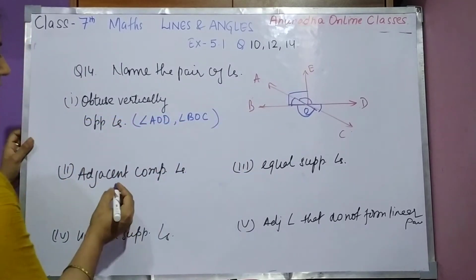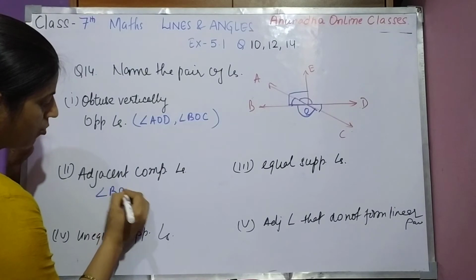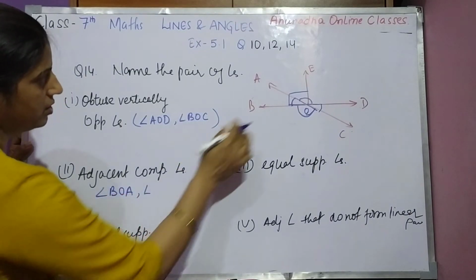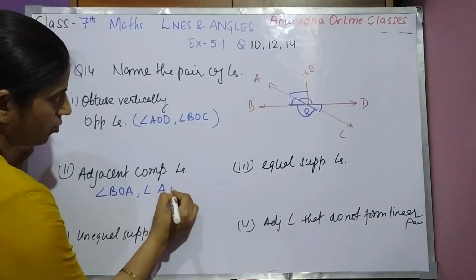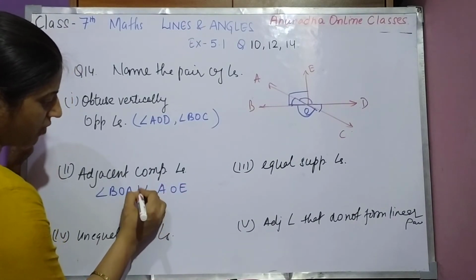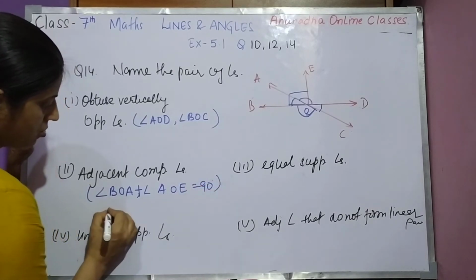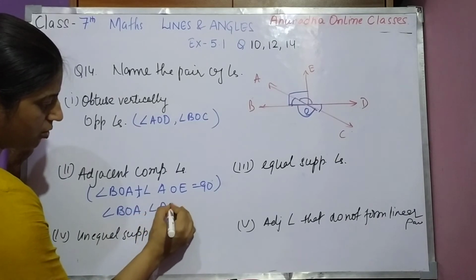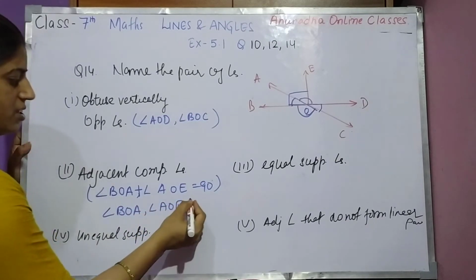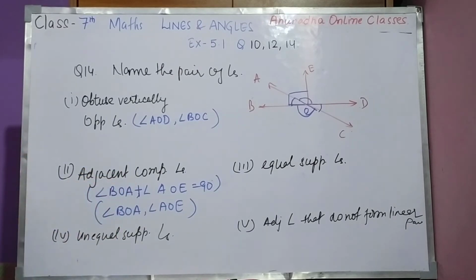So we got angle BOA and angle AOE. Okay, why? Because the sum of this is equal to 90 degree. So angle BOA and angle AOE are adjacent complementary angles.